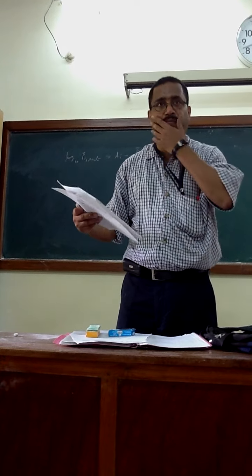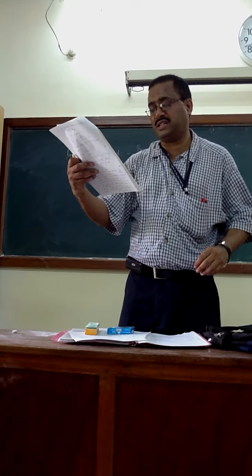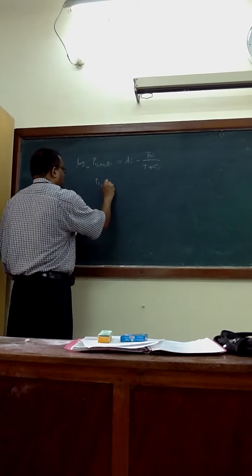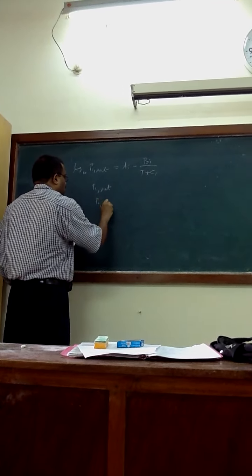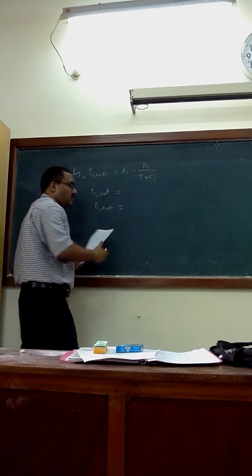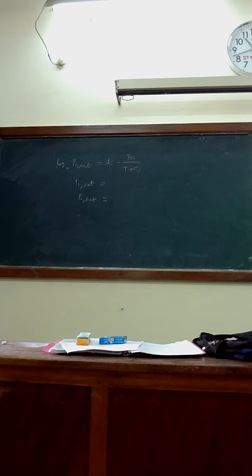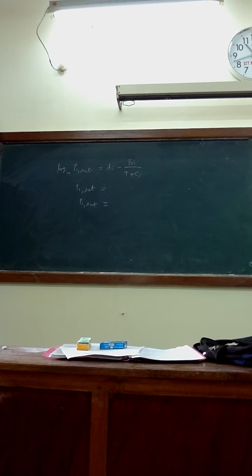So now we can calculate P1 sat and P2 sat, the first step. You should be doing this fast because this type of calculation is not the first time; we have done it earlier.